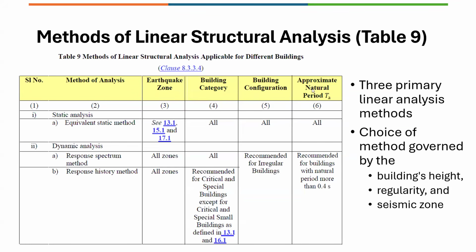And taking the time period, the approximate natural time period TA calculated using the formula given in the code, then if it is greater than 4, then dynamic analysis are applicable and are recommended as per this table. Now, our agenda is to implement all the three and give you an introduction to these analysis tools available in the ETABS program.